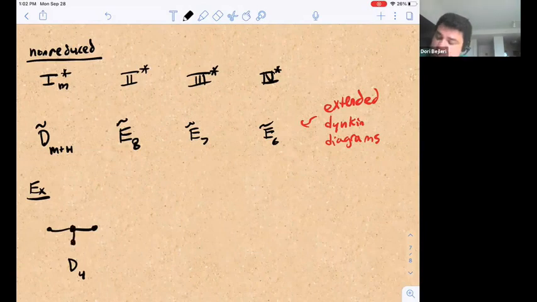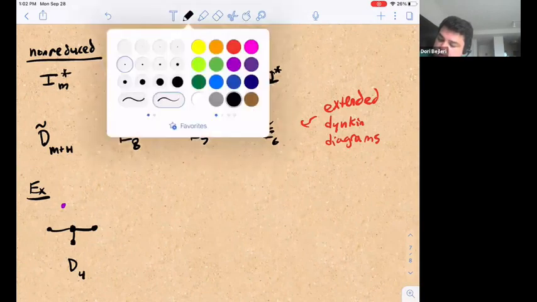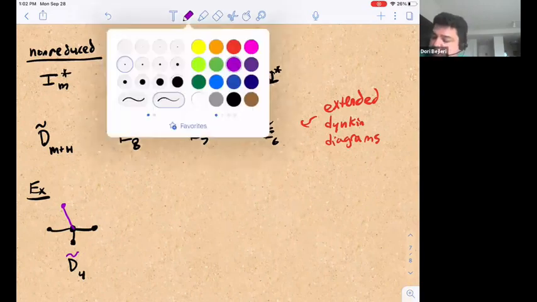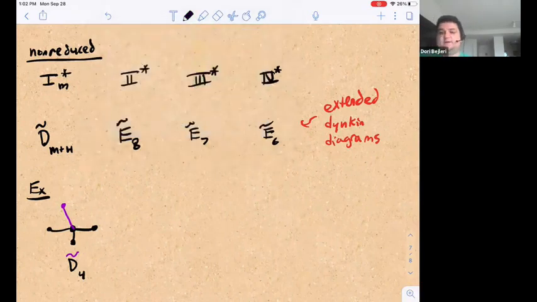But then I put this tilde on top as this extended Dynkin diagram, which means you add an extra vertex, and in this case, the extra vertex goes here. So this is this D4 tilde, and this is supposed to be the graph that gives you the components of your fiber and how they intersect.